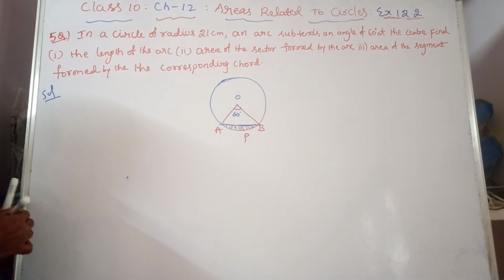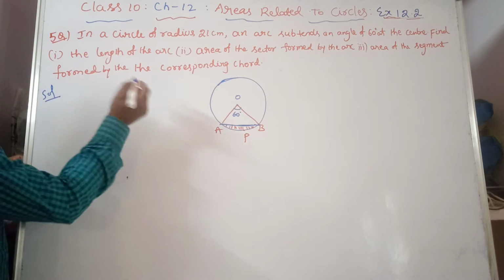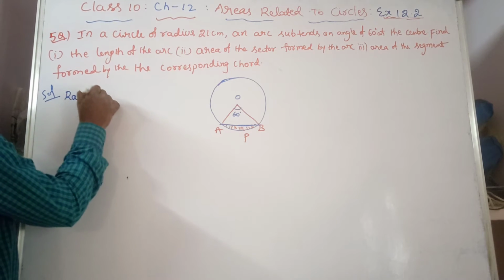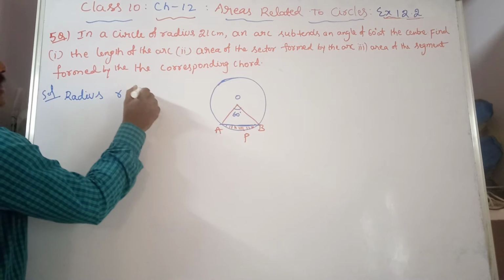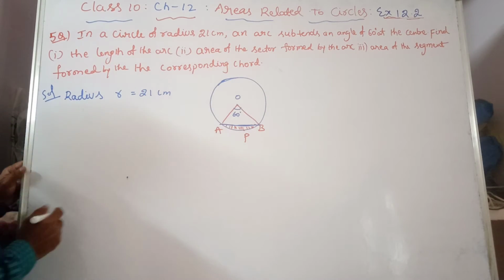Okay, so now first we are going to calculate what is given and what we have to find out. Radius r is equal to, how much is given in the question? 21 centimeter.